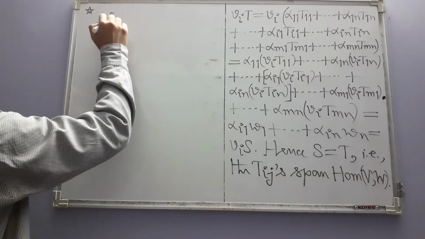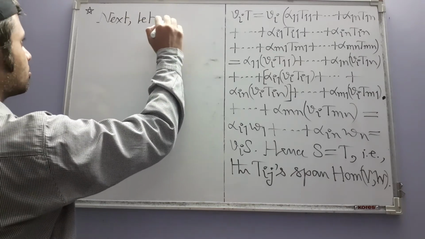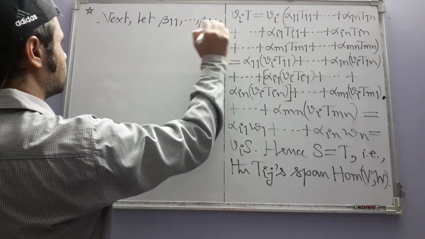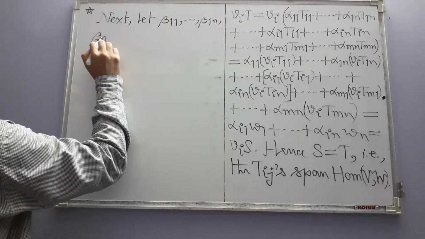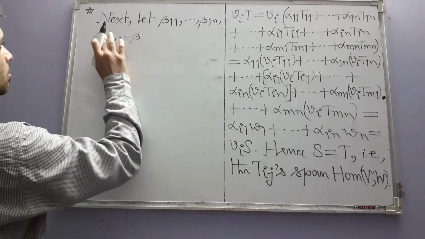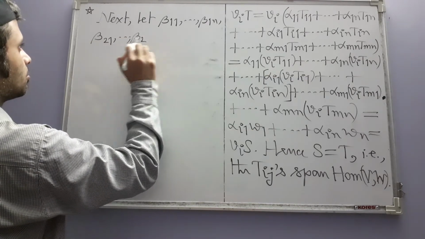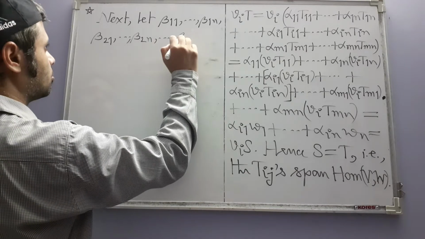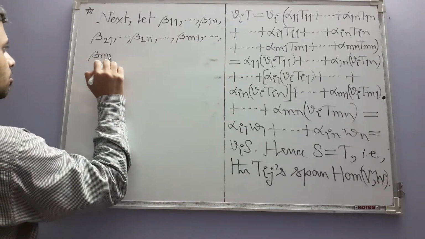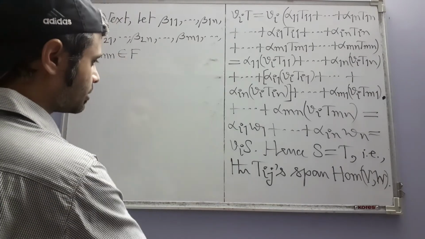Next, let beta 11, beta 12, up to beta mn belong to F. Let these be some scalars.